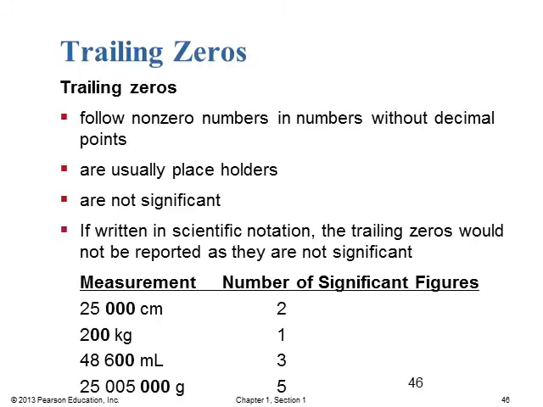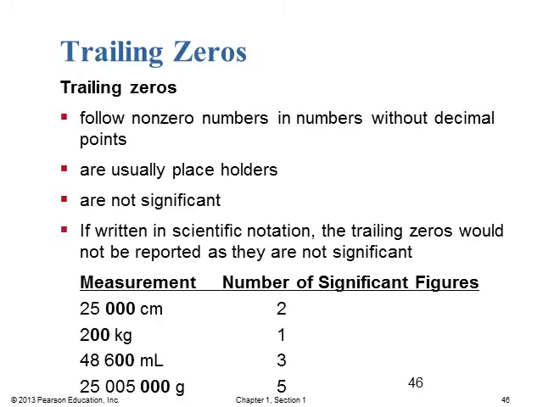So in the measurement of 25,000 centimeters, those trailing zeros, there's no decimal point, so those zeros are not significant. It's just the 2 and the 5 as significant, so there's 2 significant figures. 200 kilograms, those 2 zeros are not significant, 1 significant figure. 48,600, those 2 zeros, not significant, 3 significant figures.